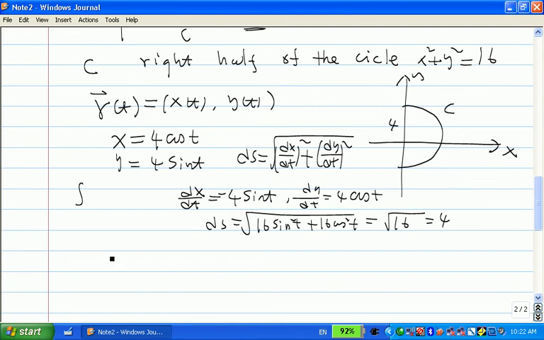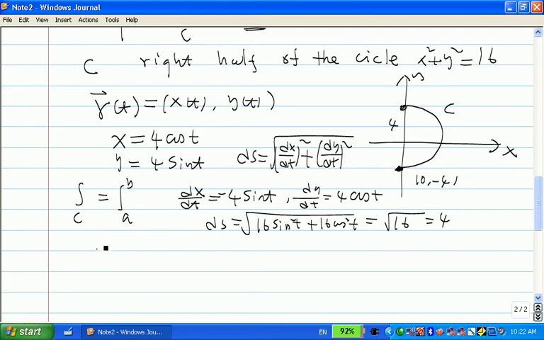We also need to write this integral over C as something from a to b. Your curve starts here and ends there. So t equals what gives you this point? This point is (0, -4), right?